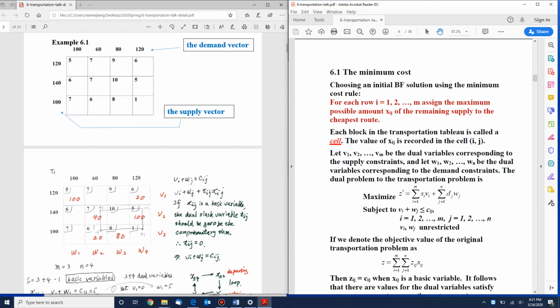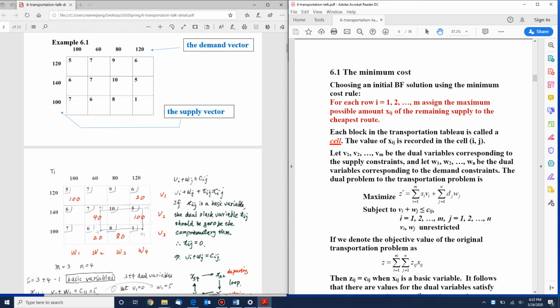So actually in tableau 1, you could tell that the initial tableau tells us x11 equals 100, x14 equals 20, x22 equals 40, x24 equals 100, x32 equals 20, and x33 equals 80.